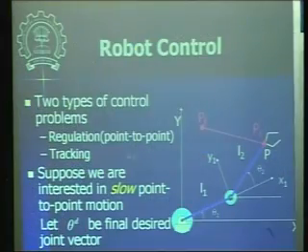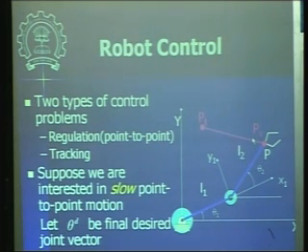Another type of problem is a tracking problem, okay, where you have to track a trajectory. You have to go from the starting point to the end point in a specified manner, okay. In this particular case we are seeing a straight line trajectory, but it can in general be any trajectory.